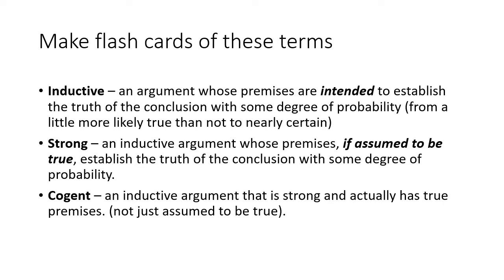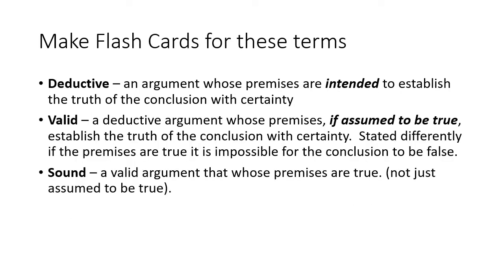Make flashcards for these three terms and recognize that you use strong about an inductive argument. You use cogent about an inductive argument that is also strong. Now, make flashcards for these terms. A deductive argument is an argument whose premises are intended to establish the truth of the conclusion with certainty.